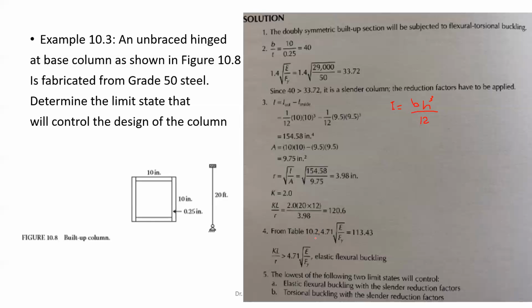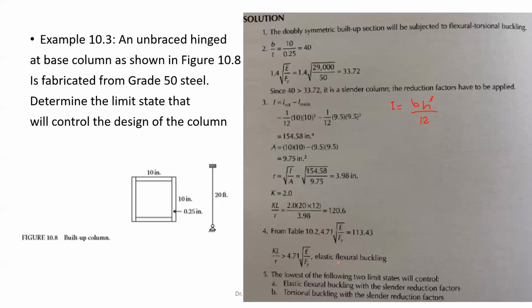Now from table 10.2, you find this value to check against, to be able to identify if the column is elastic or inelastic. Our value here, which is 120, is larger than this value, which means the column is elastic.